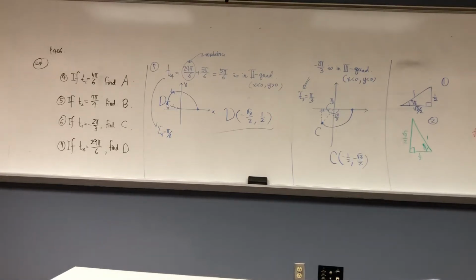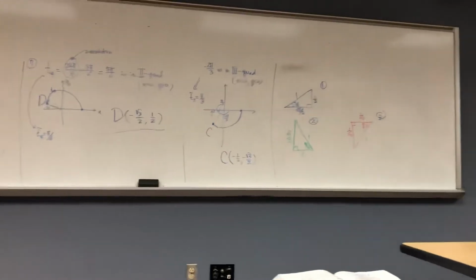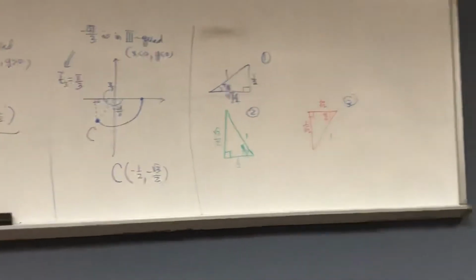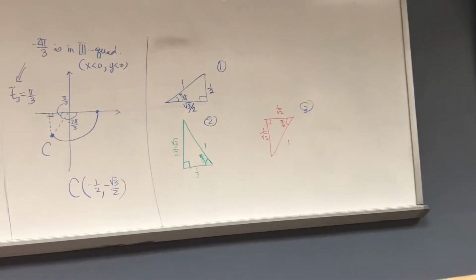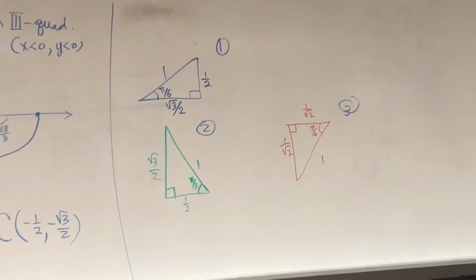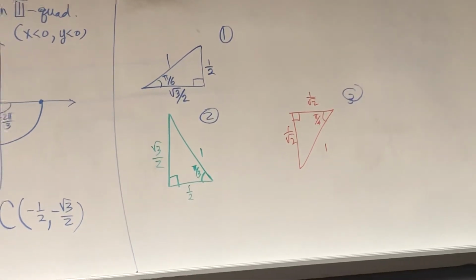Those special triangles. So the only thing so far you need to memorize is this ratio, from the Pythagorean theorem. You understand? Nothing more than that. Don't try to memorize everything one by one.